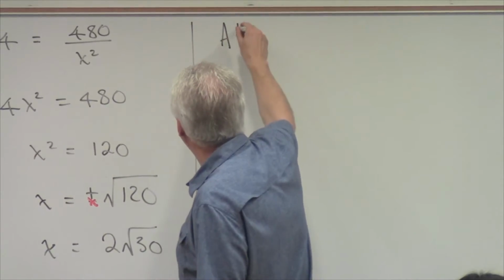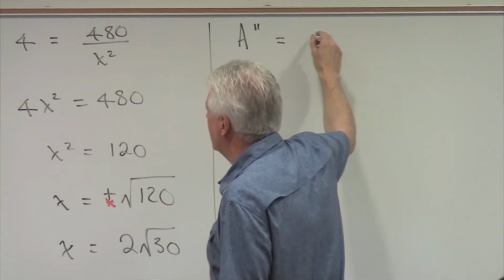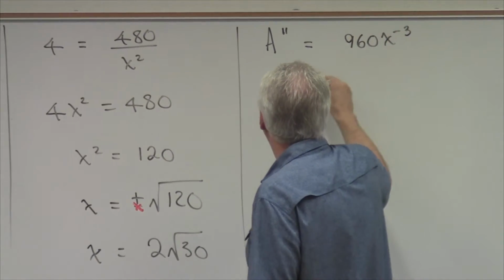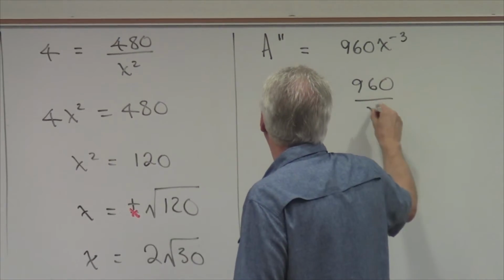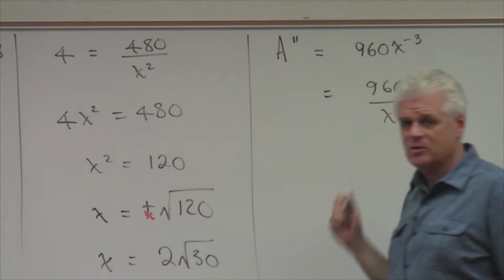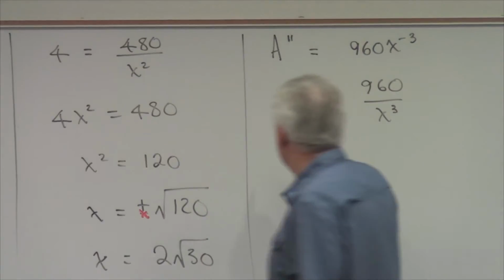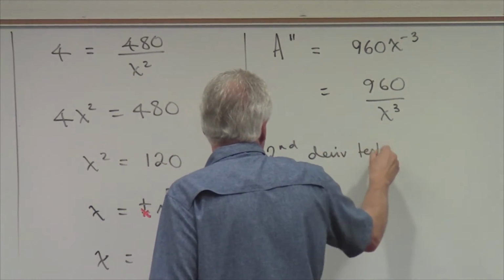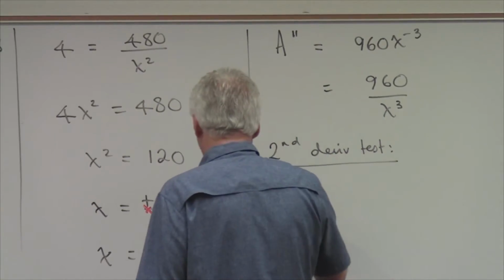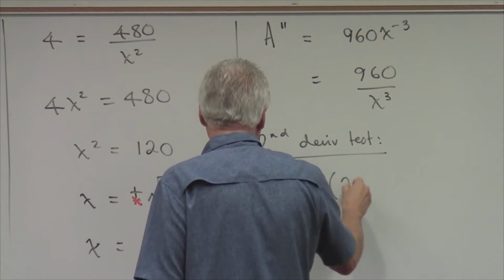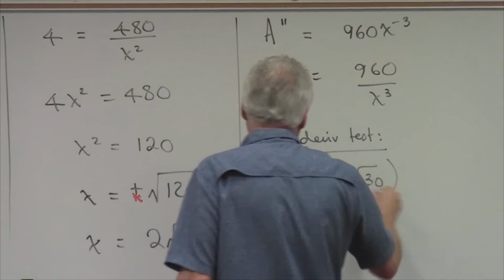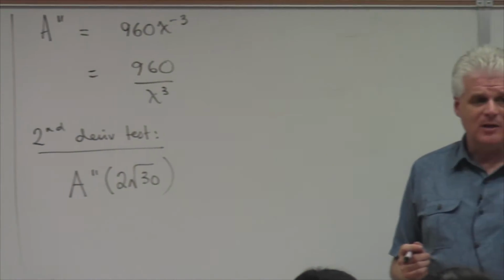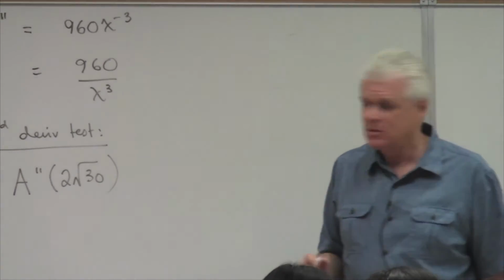Okay, a double prime. Crank it out, and we get 960 x to the negative 3, or 960 over x cubed. There's our second derivative. Now we use the second derivative test, which means we take the second derivative and plug into it the critical value in question, the one we've just found. We want to know if it's a max or a min. Maybe it's neither.